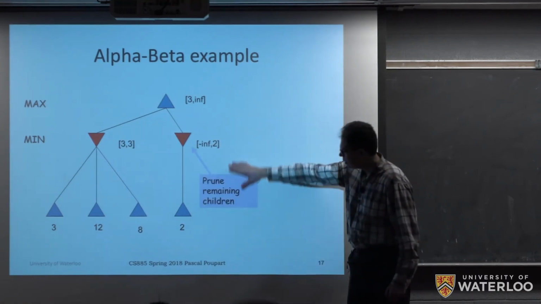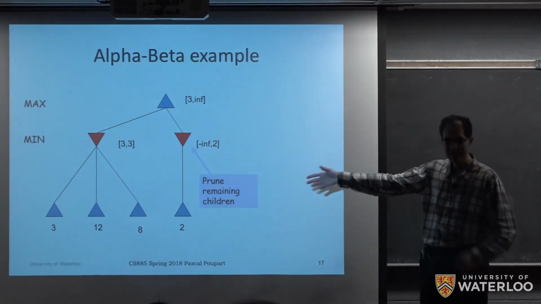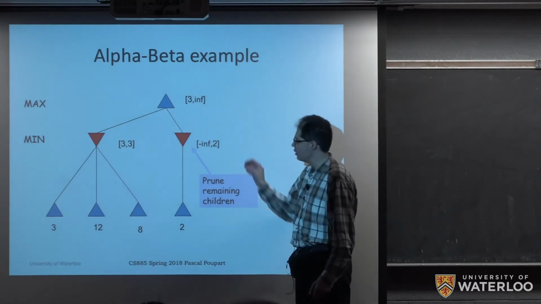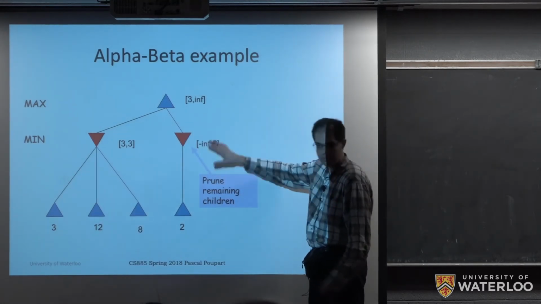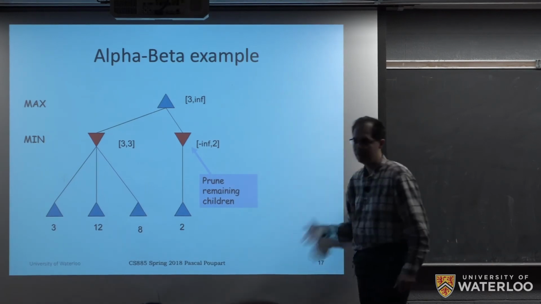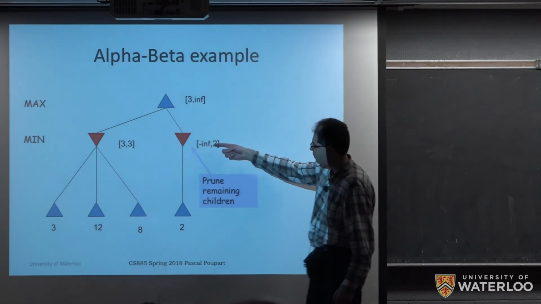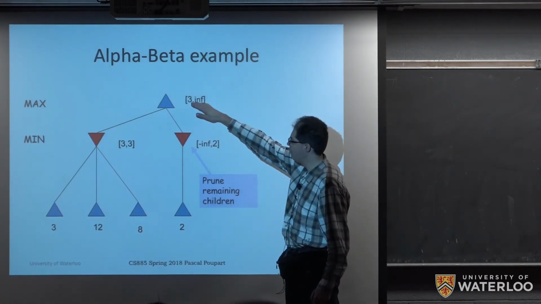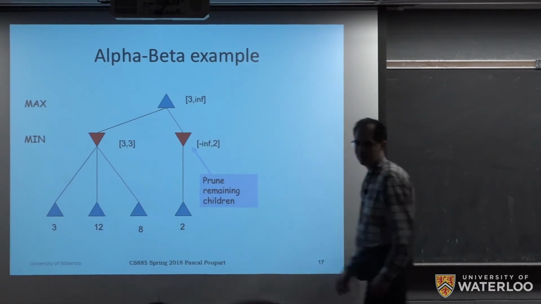So here we can prune the remaining children, and this is a case that illustrates how alpha-beta pruning can be used to essentially cut off the search. In this subtree, there's no need to expand any more children because 2 here is the upper bound, and therefore Max would necessarily choose this 3 and never consider this one.